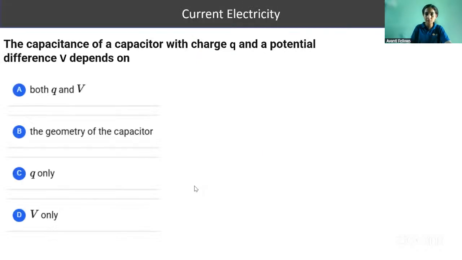This is the very first question for today. I will be launching the poll. Everyone take your time and do it. My screen is visible, right? Everyone can see the question?